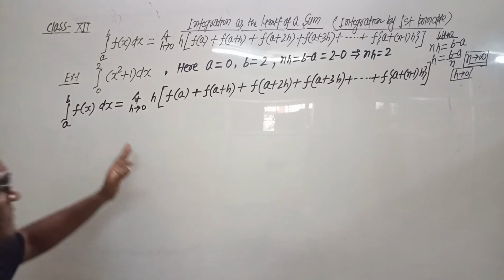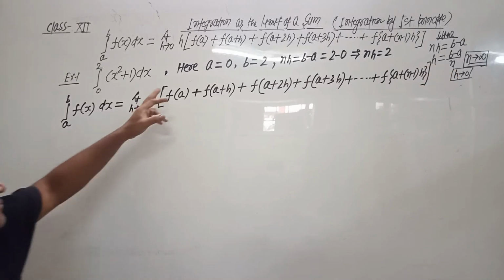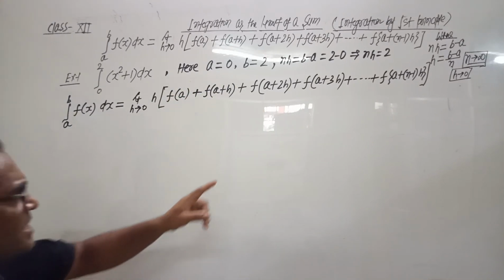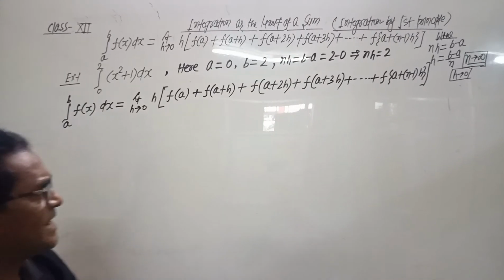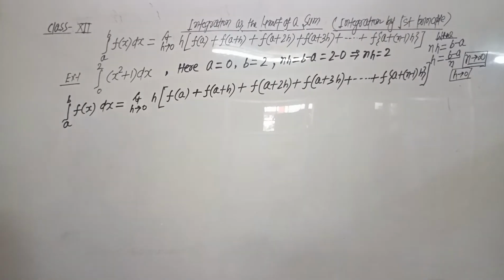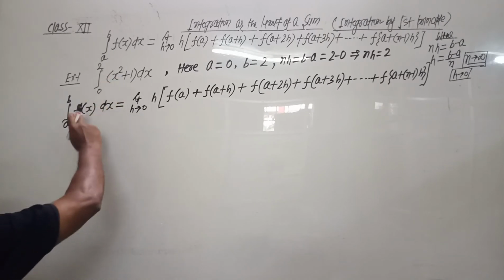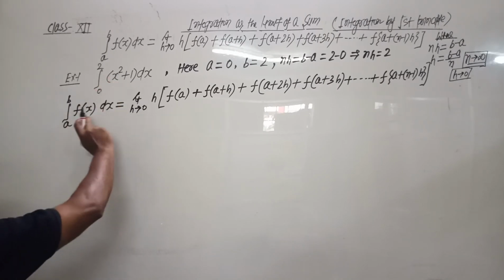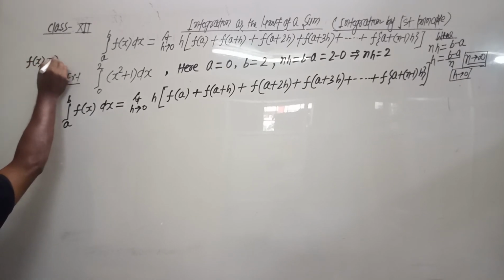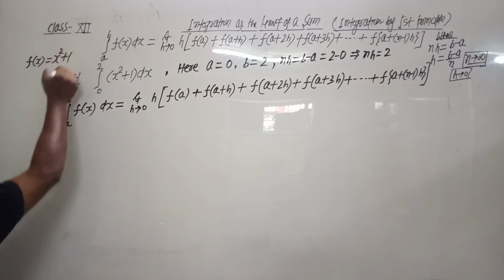In every question we have to write the formula. First we write the value of a, the value of b, then we calculate nh, then we write the formula. Now compare with our question. The value of f(x) in our question is x square plus 1.